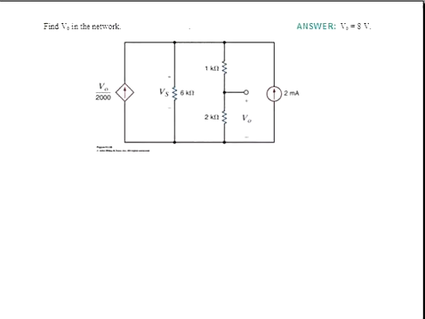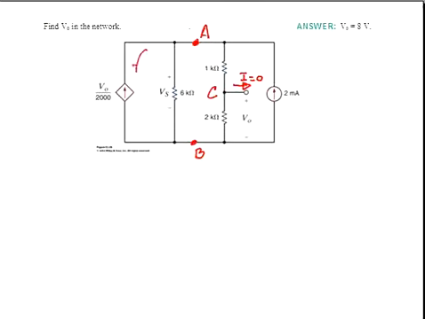We'll consider labeling nodes A at the top, B at the bottom, and we have this node C at the junction between the two resistors. We should recognize that there is no current flowing out of this wire. This is just indicated as a measurement point for the voltage VO.